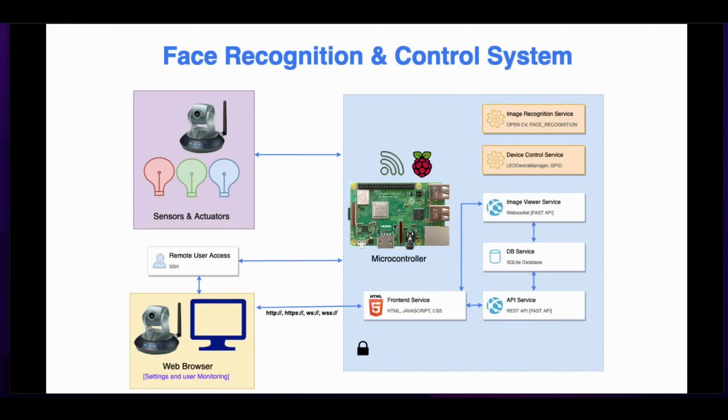Now we'll be using WebSockets for that. If you look here, our front-end service is accessing the image viewer service, which is essentially just a WebSocket service. It constantly sends the image as the image changes to our front-end service, and our front-end service can then show it on the user's browser.